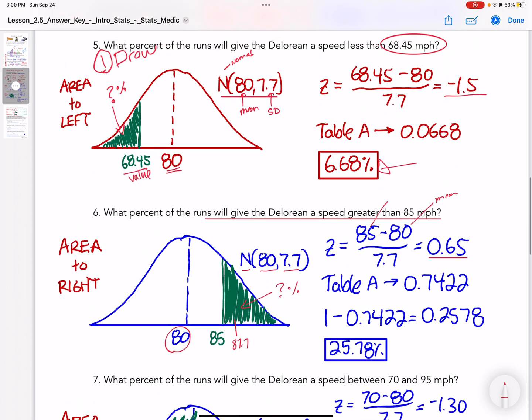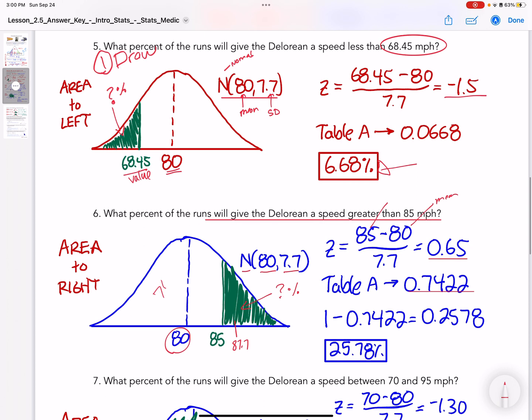Oh, no, wait, I got it wrong. But I got the right answer, 0.7422. So that means, remember, because it's shaded from the left, 74.22% is that part. When you look at this shading, I said, my goodness, that's not 74% of the model shaded. No, it's the opposite of it. So it's 1 minus this amount, or 100% minus that amount, and you get 25.78%.